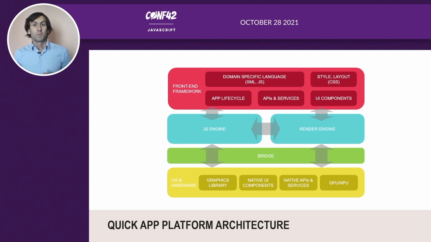In green, behind the two engines, we have the JavaScript bridge, which is the link between the platform itself and the underlying operating system and all the specific native APIs of the system, tied to the device.